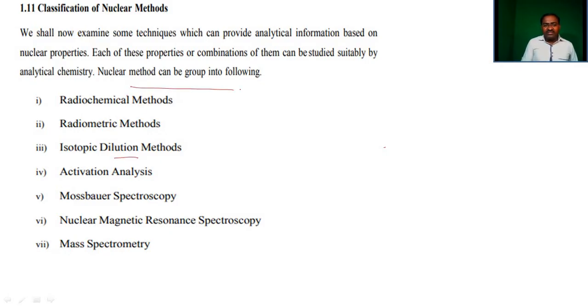The nuclear methods can be grouped into the following: radiochemical methods, radiometric methods, isotopic dilution methods, activation analysis, Mössbauer spectroscopy, nuclear magnetic resonance spectroscopy, that is NMR, and mass spectroscopy. These are all the different classes of nuclear methods of analysis.